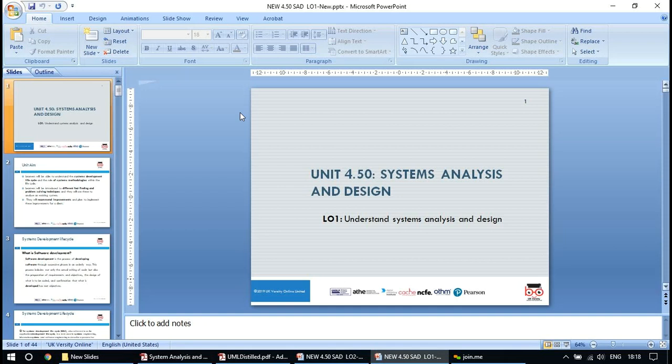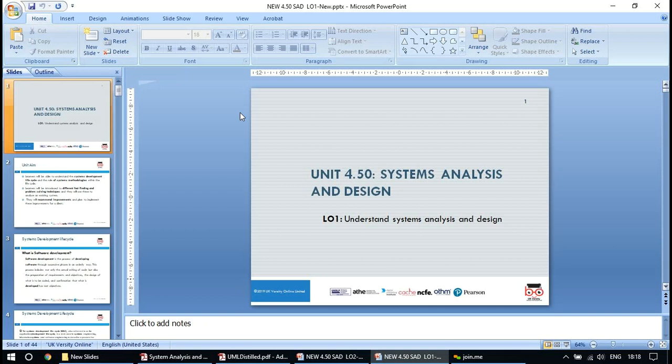System analysis and design is a core unit for computing, designing, or developers. I would say developers and analysts. The computer in front of you is in the form of hardware and software.